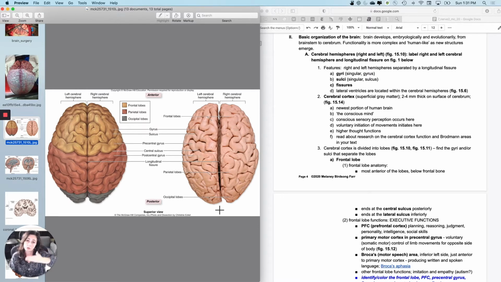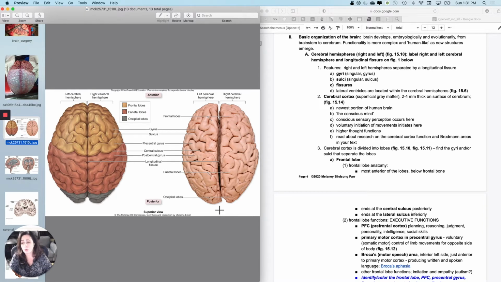Remember, that's that partition of dura mater that folds into the bigger portions of the brain. So the falx cerebri goes in there. And then, of course, right above that on the skull would be a suture, almost just superficial to the longitudinal fissure. It would be the sagittal suture, just to orient you.